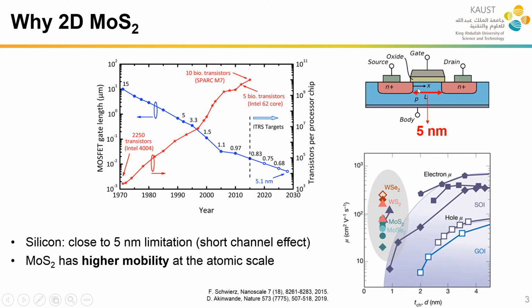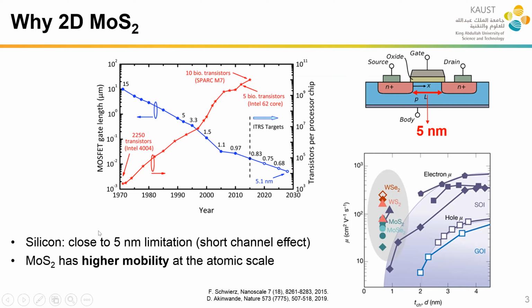It means the channel length between the source and drain is close to 5 nanometers, and then the transistor will not work properly. We cannot really turn on or turn off the drift current from source to drain if the channel is such a short length, because of the electron tunneling effect and also the short channel effect. So this is the silicon limitation.